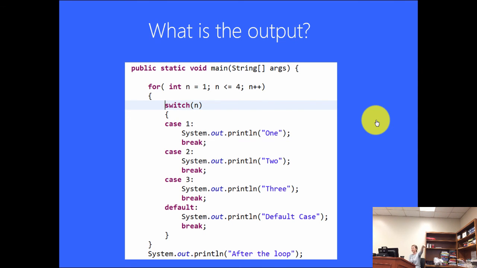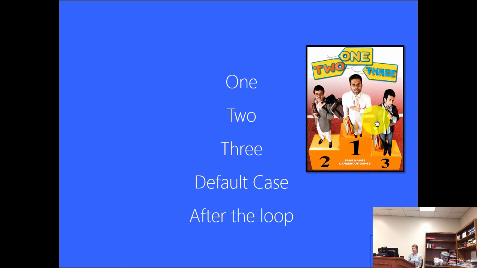And when it's 4, it prints out default case. And then it prints after the loop. So it prints everything: 1, 2, 3, default case and after the loop.